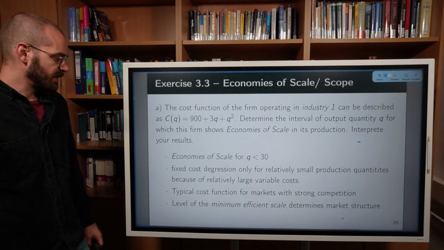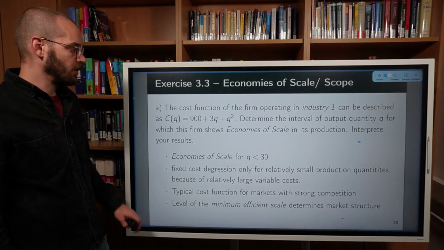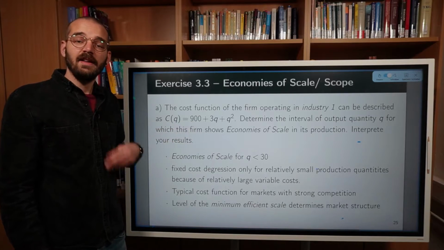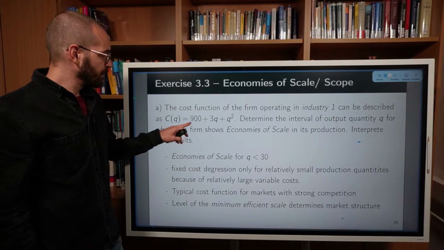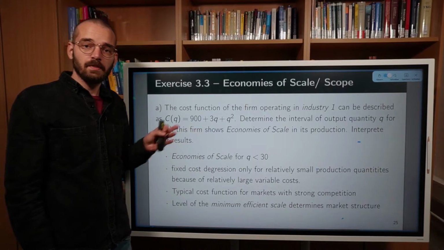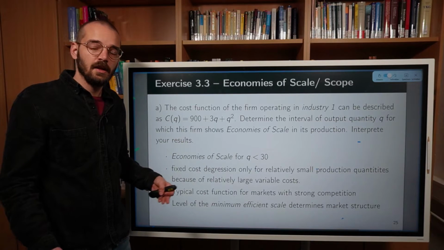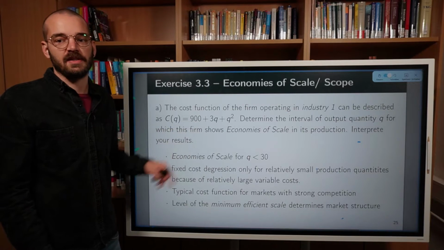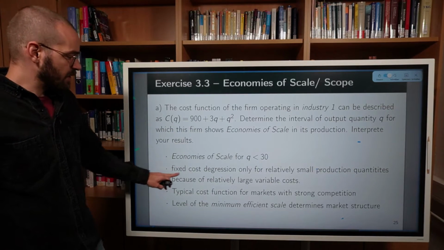The logic behind this is that we have a fixed cost degression for relatively small production quantities, right? We have fixed costs, and with any additional unit produced, this fixed cost is split between more units of production. So the average costs should decrease due to this fixed cost degression.